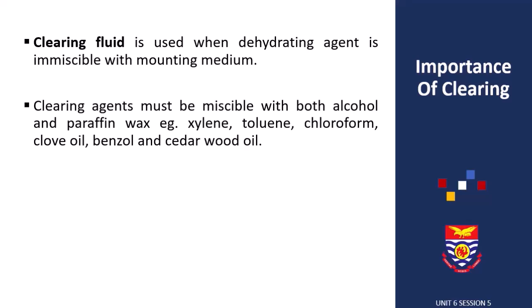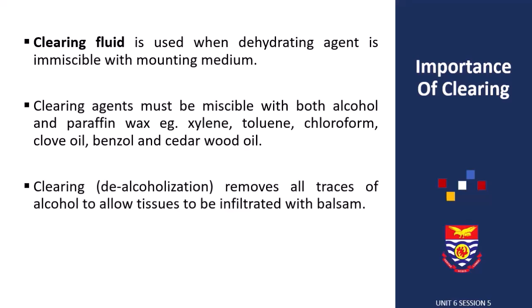In this case, the histological procedure made use of alcohol as the dehydrating agent and paraffin wax as the mounting medium. Examples of the clearing agents normally used are xylene, toluene, chloroform, clove oil, benzol, and cedarwood oil.